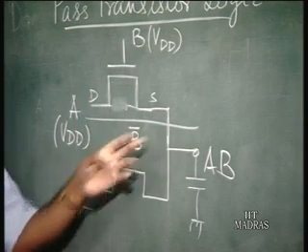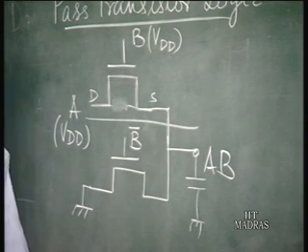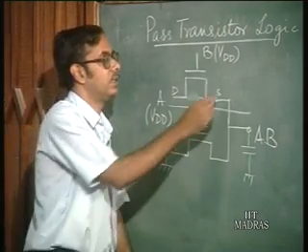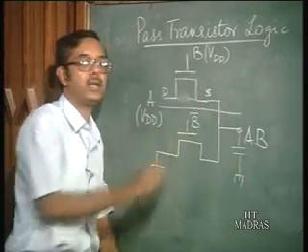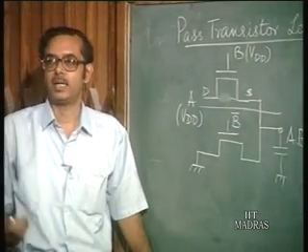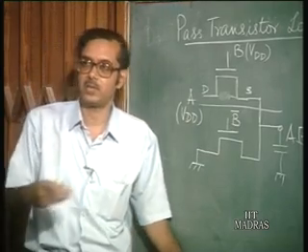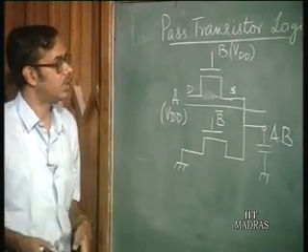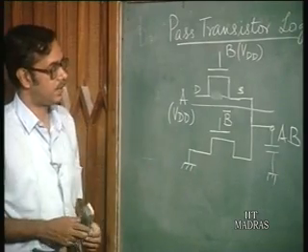So there is a drop of VT for these pass transistors. The output voltage can only rise till VDD minus VT, or VG minus VT, whatever the gate voltage is. So this is a drop.